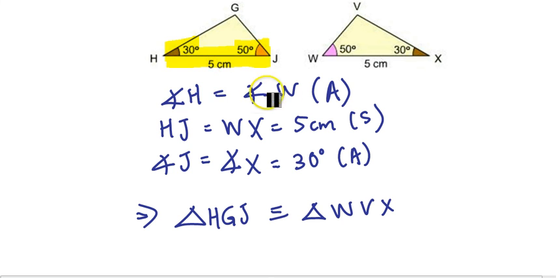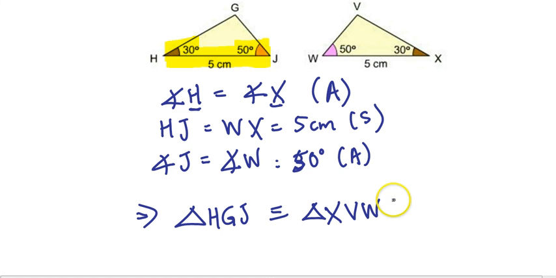In fact, H actually doesn't correspond to W. H is 30 degrees, actually corresponds to X. And J, which is 50 degrees, actually corresponds to W. So if this is the case, then over here, correspondingly, H must correspond to X. Alright, and then G must correspond to V, and J, which is 50 degrees, must correspond to W. And we can prove this by the ASA.